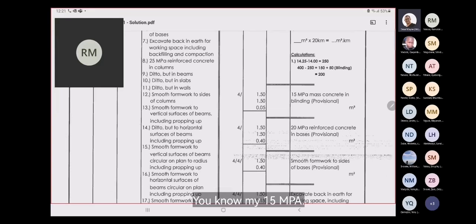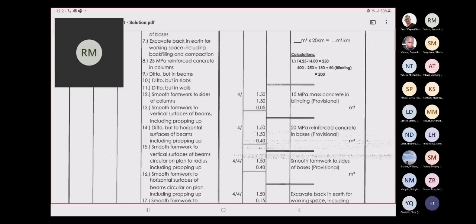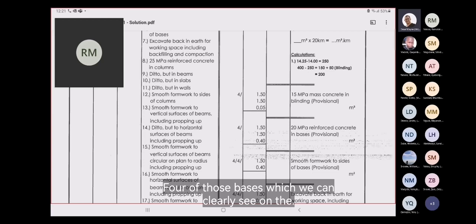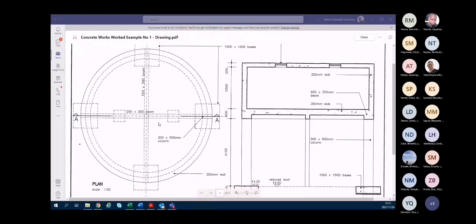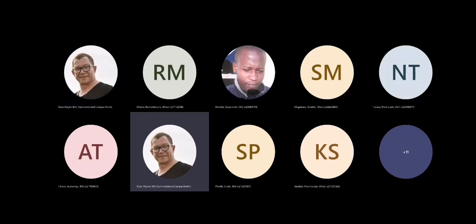Then I have my 15 MPa mass concrete in blinding, all provisional. This is 1.5 by 1.5 by 0.05, and we have 4 of those bases, which we can clearly see on the drawing here. 1, 2, 3, 4. Right?